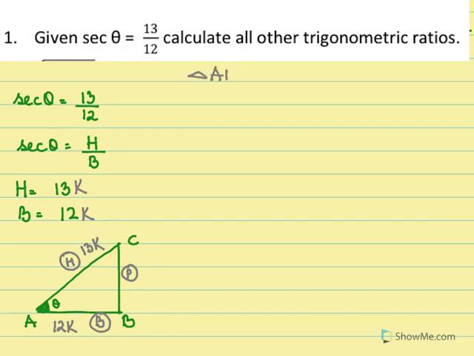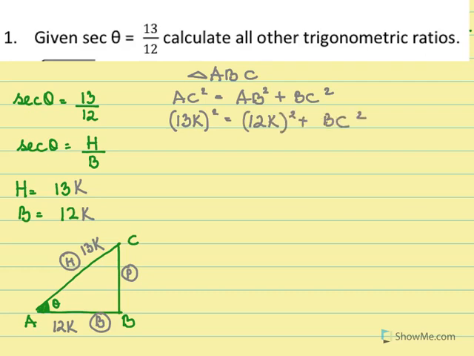So in triangle ABC, using Pythagoras theorem, AC square equal to AB square plus BC square. Now AC is 13k, so 13k square equal to AB, which is 12k square, plus BC square.